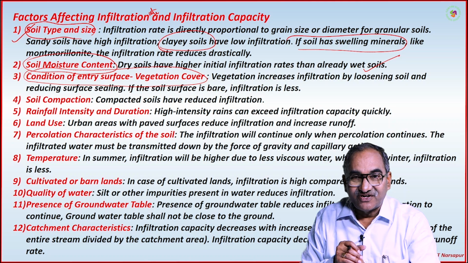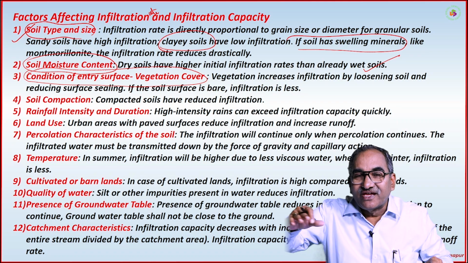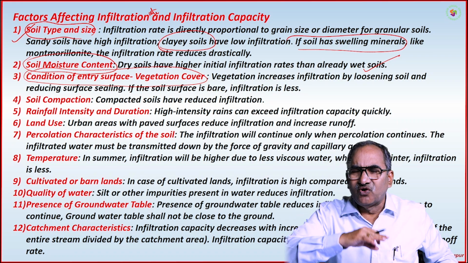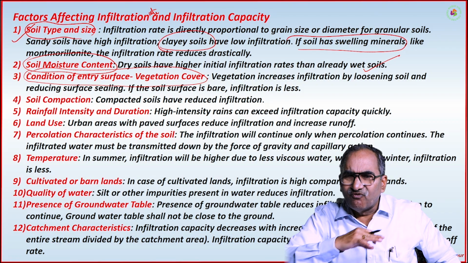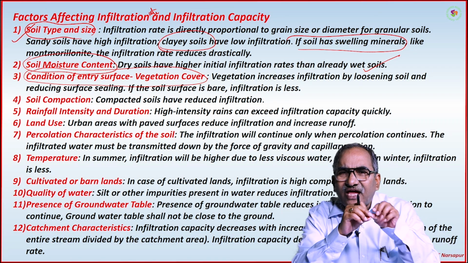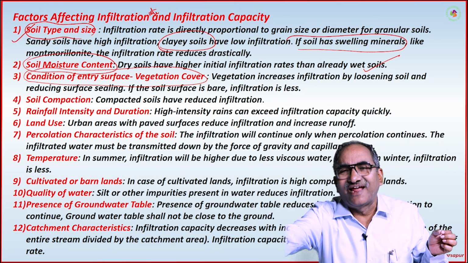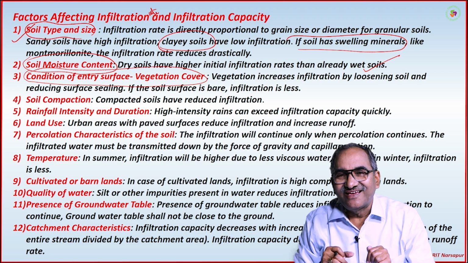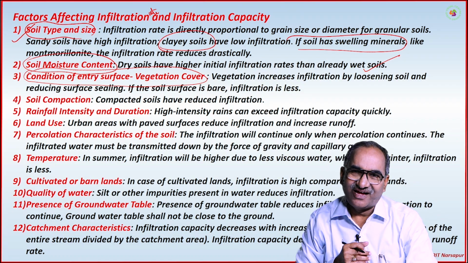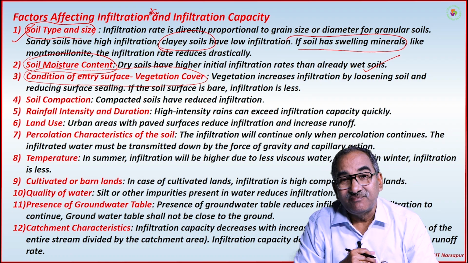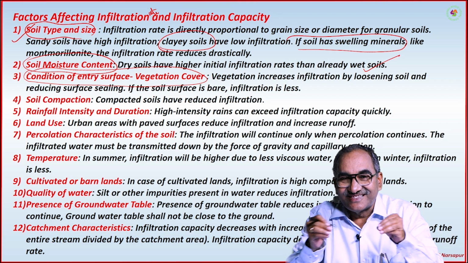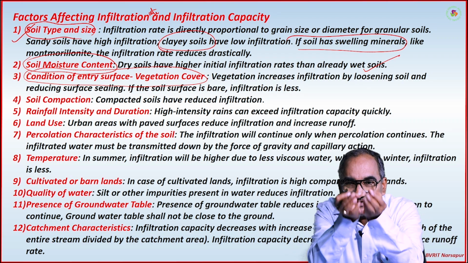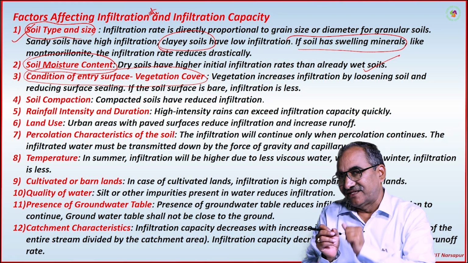Or suppose you are walking on a mud road, and people walk continuously on that mud road, so a rut forms. In such a case, if the rainfall occurs, the infiltration rate will be less, because the top layer won't allow water to percolate down. That is the next thing.